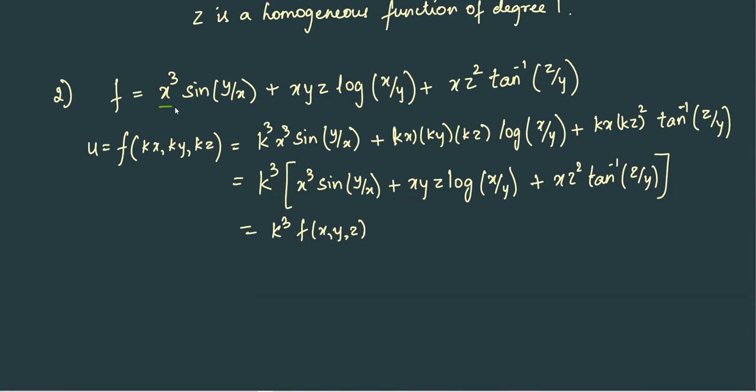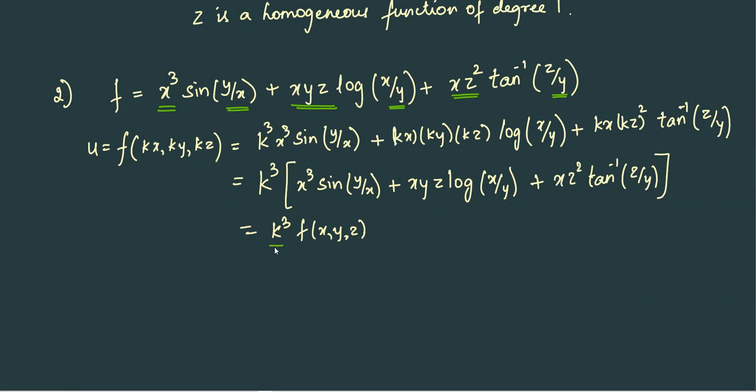Like here, this is a degree 3 term. This is a dimensionless term, degree 0 term. This is a degree 3 term, x, y, z. This is degree 0, degree 3, degree 0. So this is like just multiplying with a constant. That's all. So this is x cube, degree 3, x, y, z, degree 3, x, z square, degree 3.